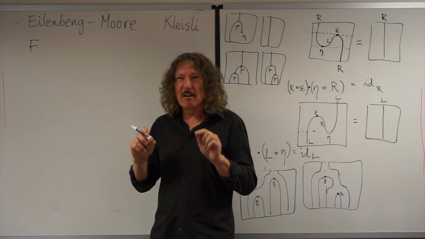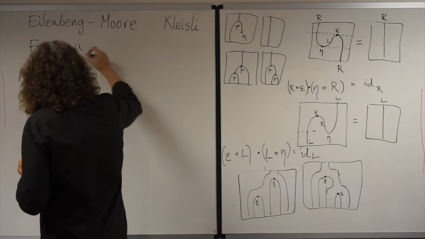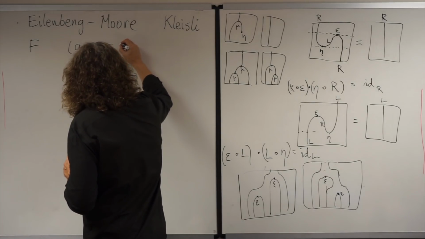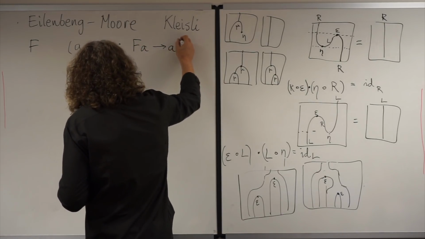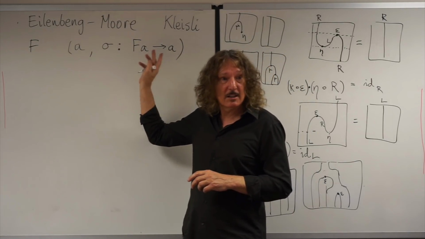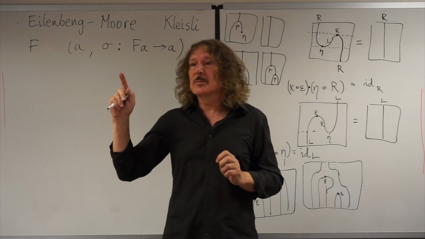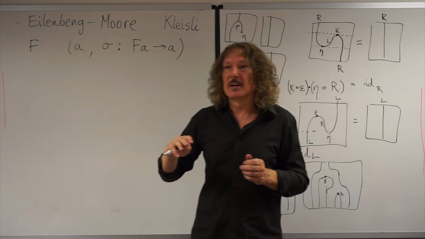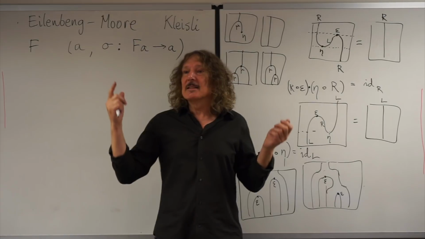So an algebra is not a polymorphic thing. You pick a particular object, A, and you pick a particular morphism, I'll call it sigma, that goes from FA to A, okay? Not a polymorphic object, not a natural transformation, because we picked an A. So if you think of an algebra, let's say for a list functor, you would pick an object, let's say int.